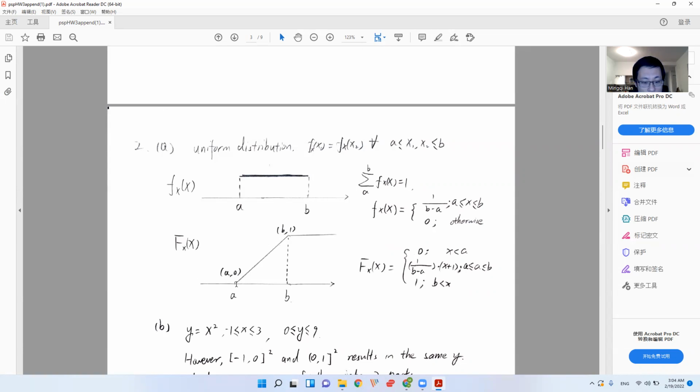The probability distribution function is equal to 0 for anything less than a, equal to 1 for anything greater than b, and at the b value, the function is exactly equal to 1.